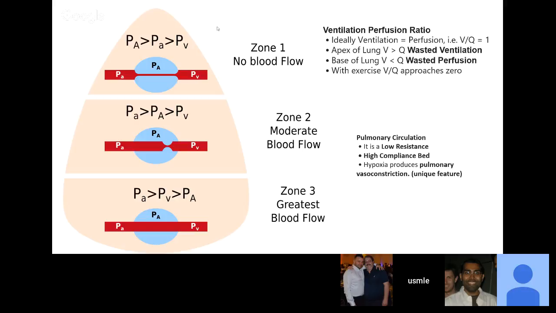The zone 2 is going to be a mixture between a lot of perfusion and a lot of volume going on there, so oxygen. But in this situation, you're going to have some changes. The pressure of arterial is going to be much higher than the alveoli, which is much higher than the vein.